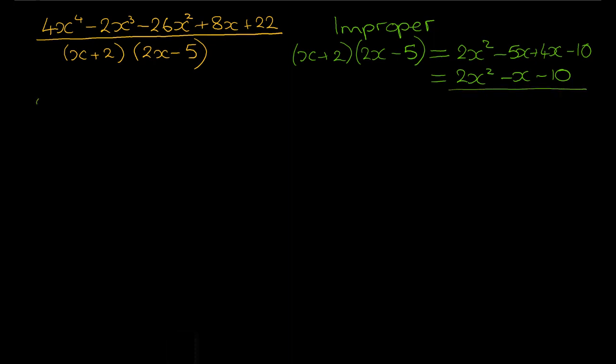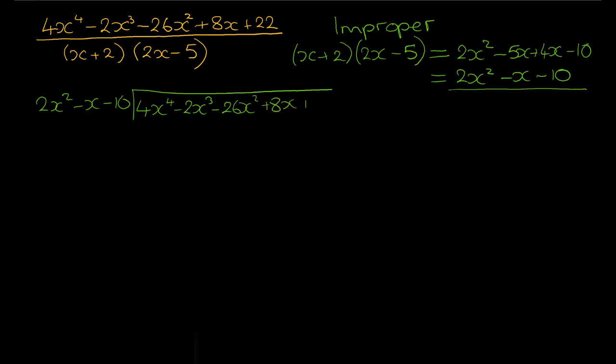So we've got 2x squared minus x minus 10, and we're going to divide the 4x to the power of 4 minus 2x cubed minus 26x squared plus 8x plus 22.